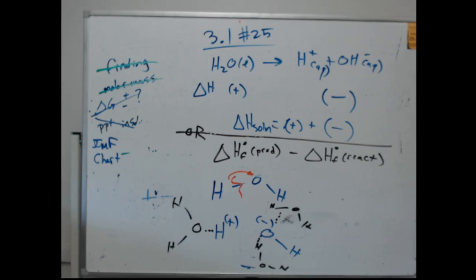We could, out of curiosity. But just from the idea of bonds breaking and new interactions forming, if they weren't ion-dipole interactions, which are pretty strong, I'd feel pretty confident. But the ion-dipole interactions are pretty strong, so that's where it gets tricky. Okay, I'm going to go ahead and stop recording.